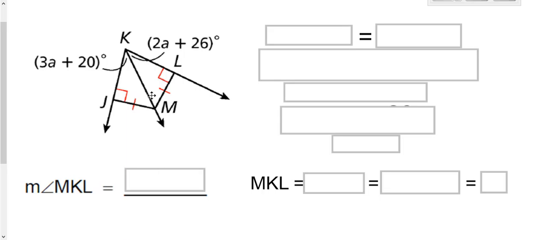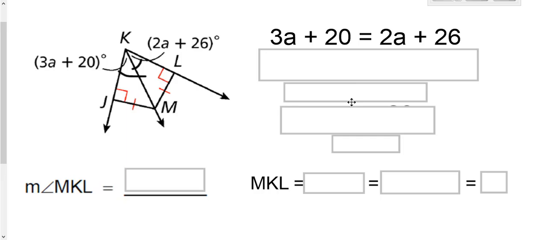In this picture, we've got these distances are equal. So, since they're marked, I know these angles are equal. This one equals that one. So now we're setting the angles equal to each other here, because that's where our variable is. So the 3a plus 20 angle equals the 2a plus 26.